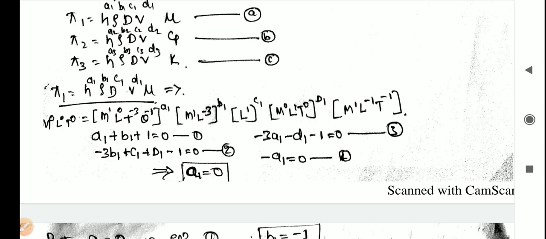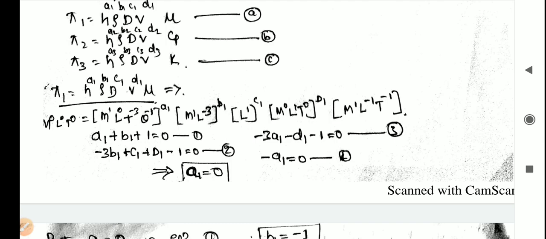Okay, so here first term is M, right? Second term is L, third term is T and the fourth term is theta, right? So consider all the fundamental variables. In that we have to consider M term. Okay, so in first term M raised to 1, so M is there, right?